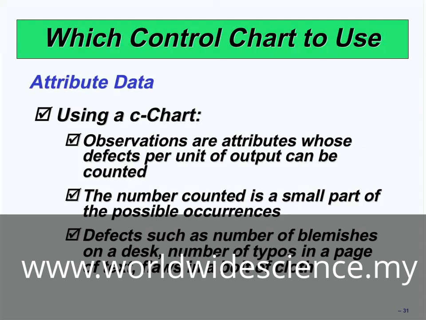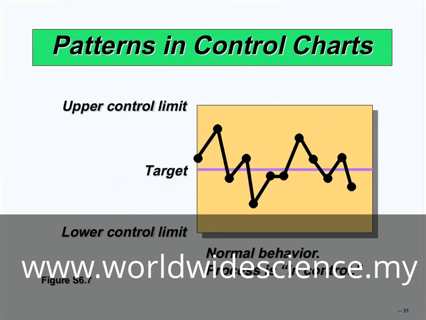Defects such as the number of blemishes on a desk, number of typos in a page of text, and flaws in a bolt of cloth. They are examples in any manufacturing company.